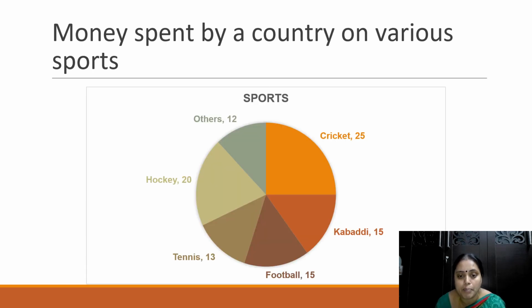Next, this is an example of how you can interpret a pie chart. This pie chart shows the money spent by a country on various sports. First, observe the data given in the pie chart. For example, cricket 25%, kabaddi 15, football 15, tennis 13, hockey 20 and others 12. So you have to observe the data clearly and then start interpreting.